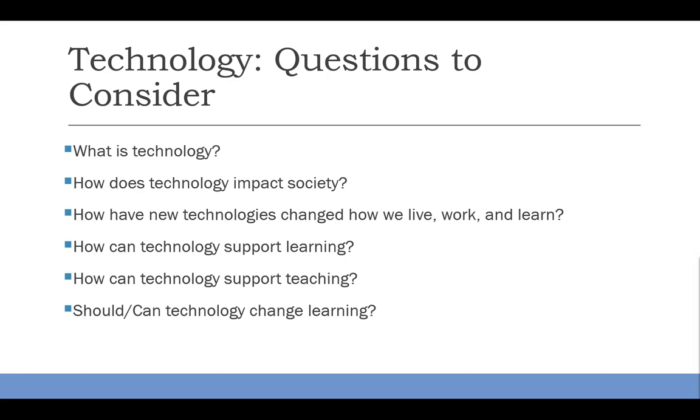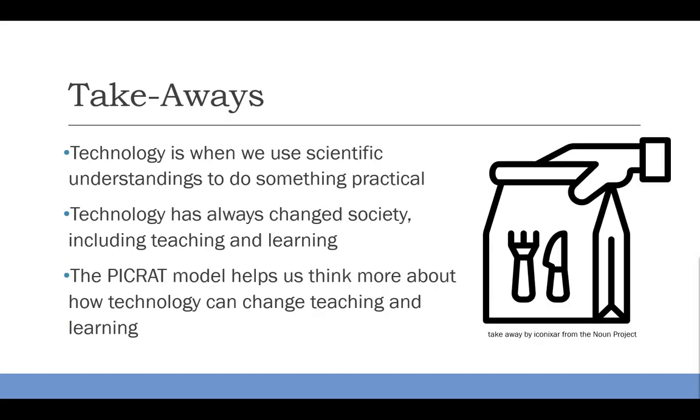But before we end this video, let's just talk about the main takeaways. I like to have takeaways so we can say these are the main things we need to remember from these videos. And the videos were kind of long this week, so there's a lot there. First is that technology is when we use scientific understandings to do something practical. It's not just computers. It's all the different things we use in society to do things differently.